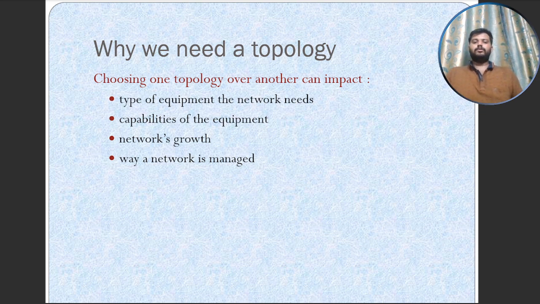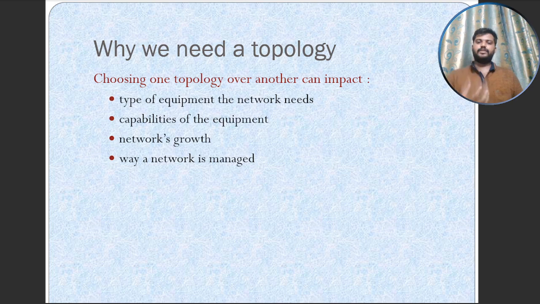Now there are different types of equipment that a network holds, and the capacity of the equipment matters. There are different equipment in the network topologies, like how the network grows, where we use it, and how we manage a network.